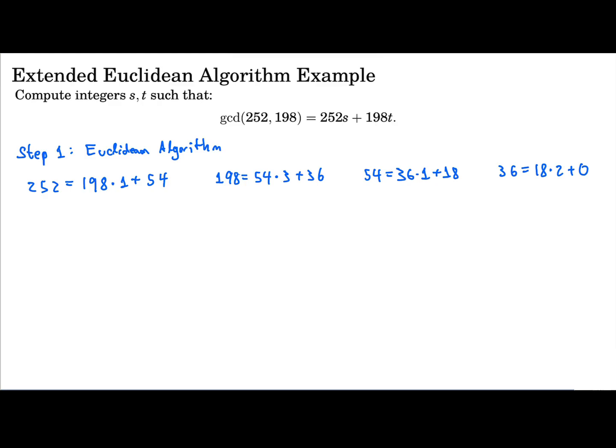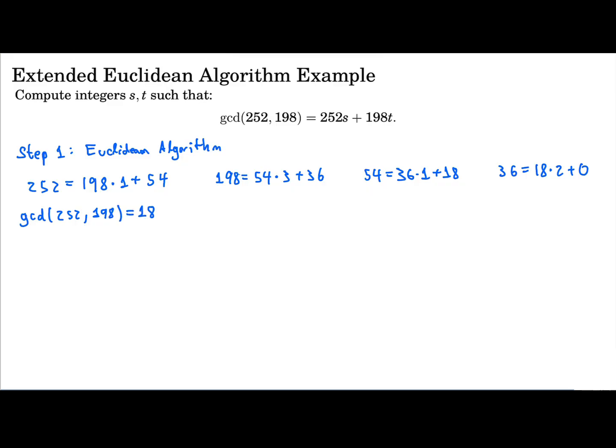And if we look at the sequence of the remainders, it's the last remainder before the 0. So the GCD is 18. So from here, we get that the GCD of 252 and 198 is equal to 18.